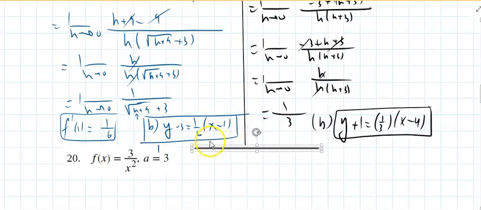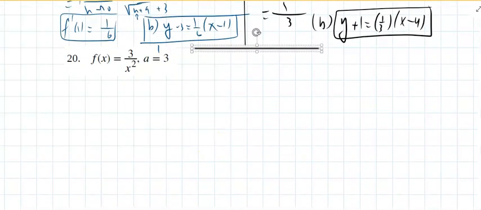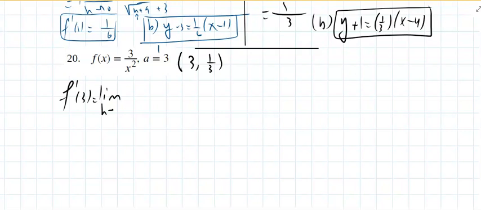I wanted to do one more rational because that's a bit challenging. If I put 3 in, I'll get 3 over 9, which is 1/3. So when I want to find f prime at 3, that's the limit as h approaches 0 of f of 3 plus h minus f of 3, divided by h.